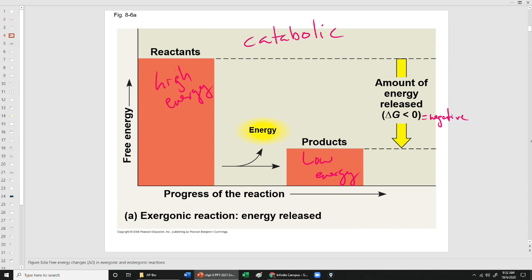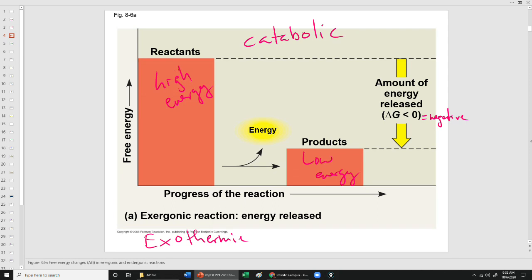And that means the reaction is going to happen spontaneously. The reaction wants to take place. Okay, we say that's an exergonic reaction, or sometimes people call it exothermic. Exothermic and exergonic basically are the same thing.